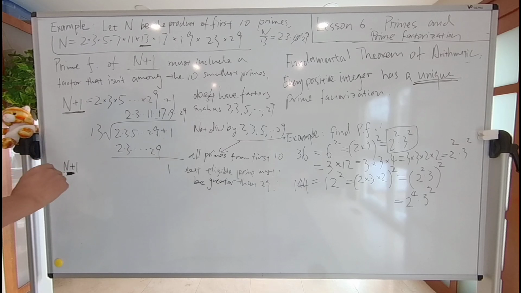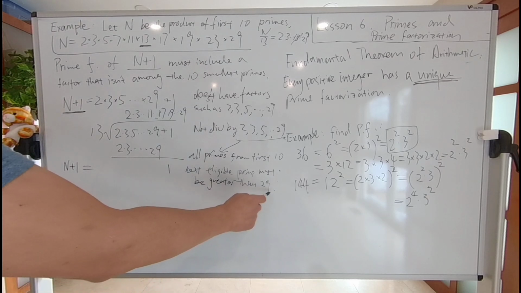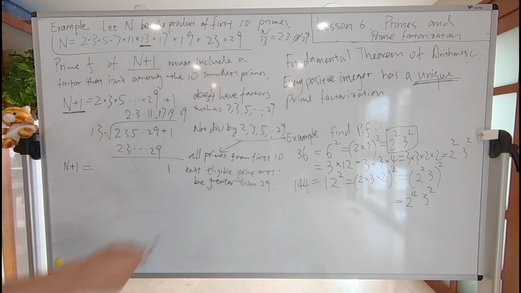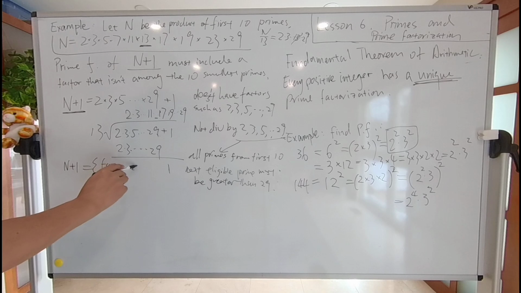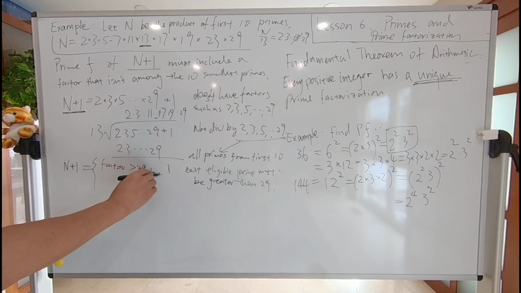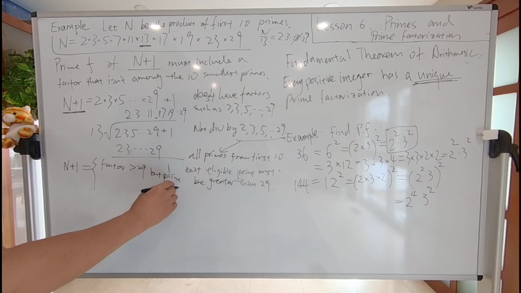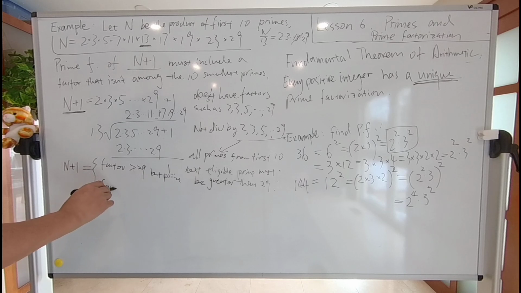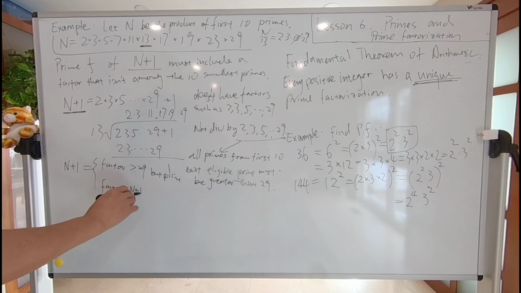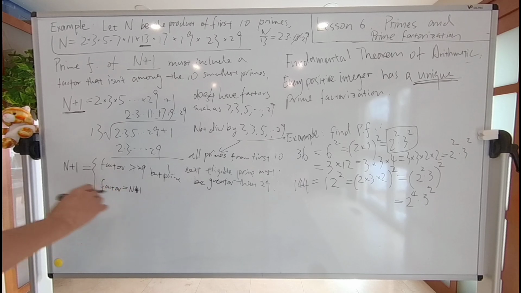It isn't important, because as long as I know the factor of this number must be greater than 29, or greater than all these numbers, then you either have a factor greater than 29 that is prime, or the factor can also be n plus 1 itself, because n plus 1 could be just a prime number itself.